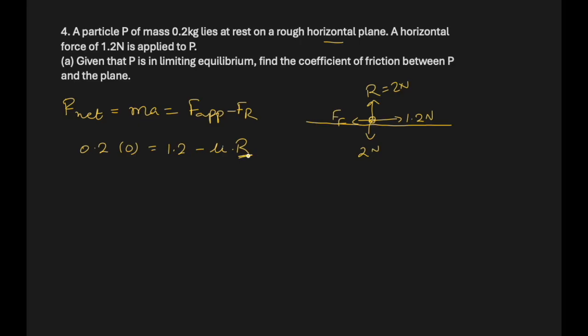So in place of R, I will write 2. So 0 equals 1.2 minus mu times 2. So 2 mu will come here and become positive, equal to 1.2. Mu will be 1.2 divided by 2, 0.6 is the coefficient of friction.